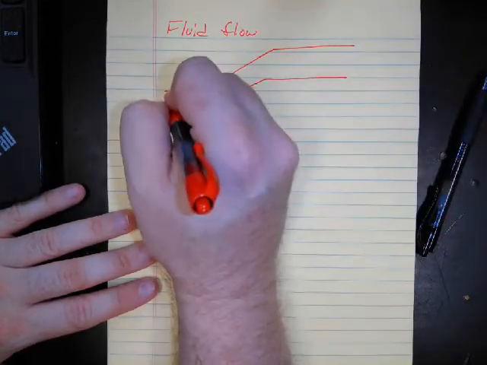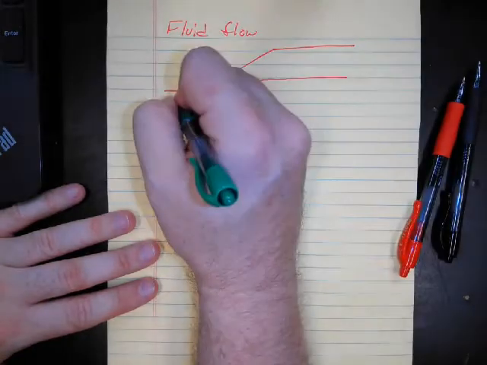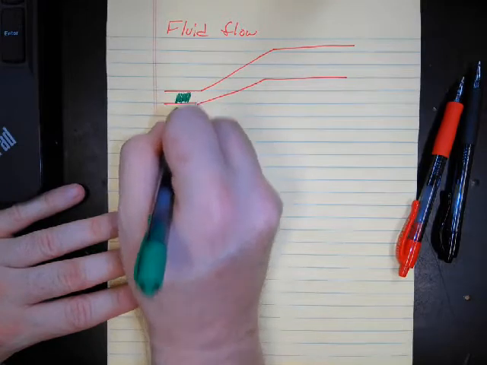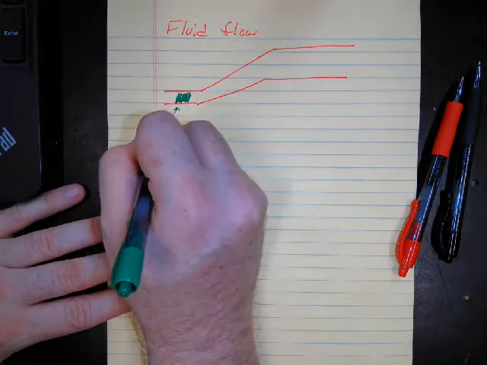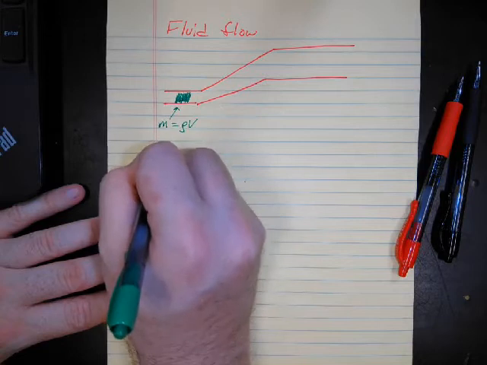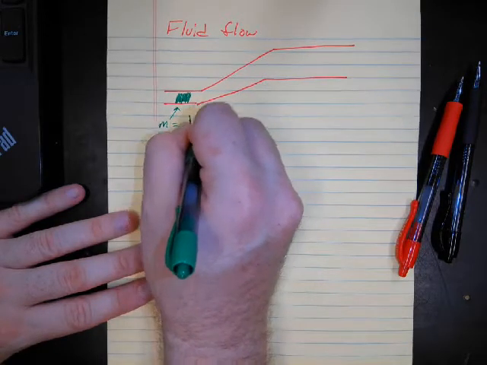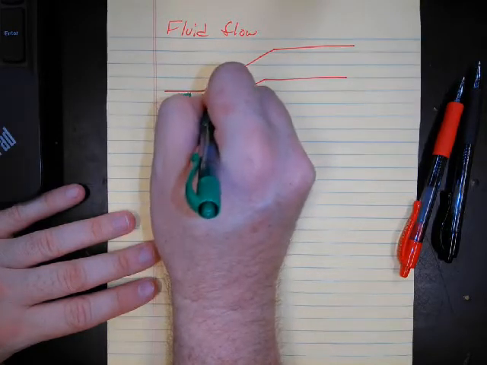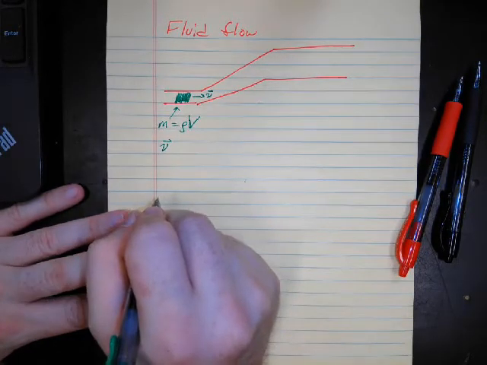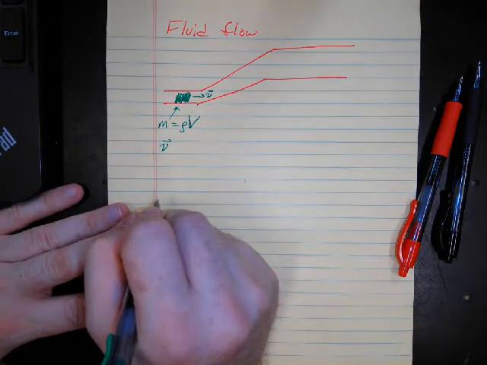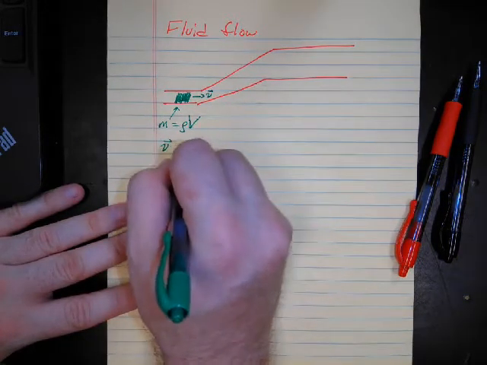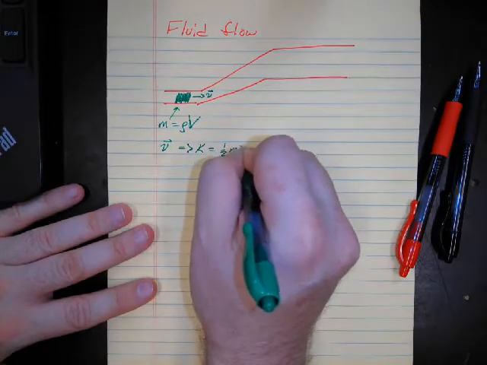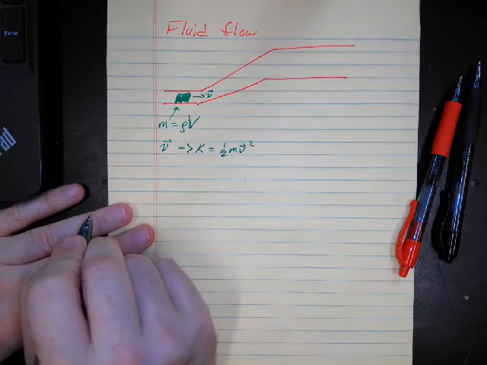So we're going to follow a chunk of liquid that is currently down here. There's a chunk, and this chunk has mass, which is density times volume, and we'll make that big V for volume, and it has a velocity. So it also has kinetic energy, 1/2 mv squared.